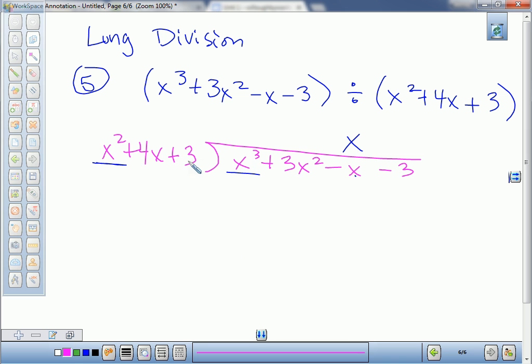So x times all of this. If you distribute an x, it just makes each of these x's go up 1 degree. So x times x squared, x cubed. X times 4x, 4x squared. X times 3, now we got a 3x. You take this and distribute through.